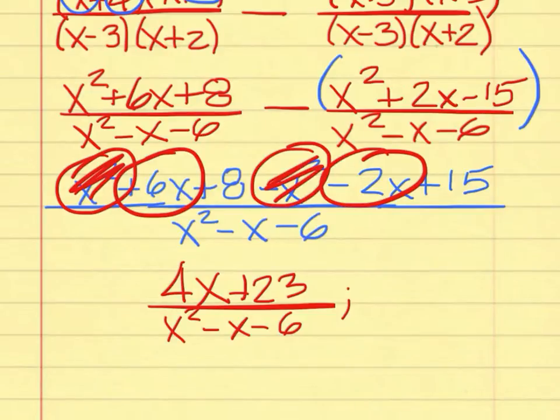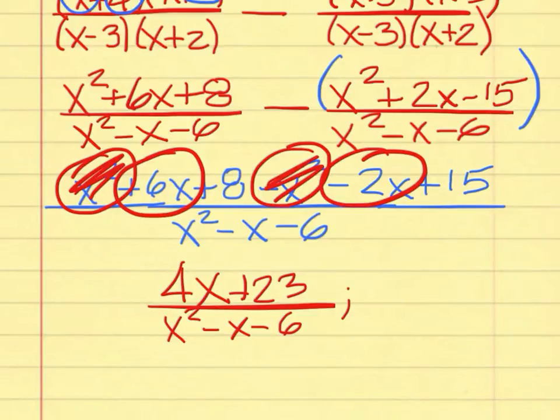What do we do with them? We've already multiplied them together. What would we do with those denominators? Set them equal to 0.